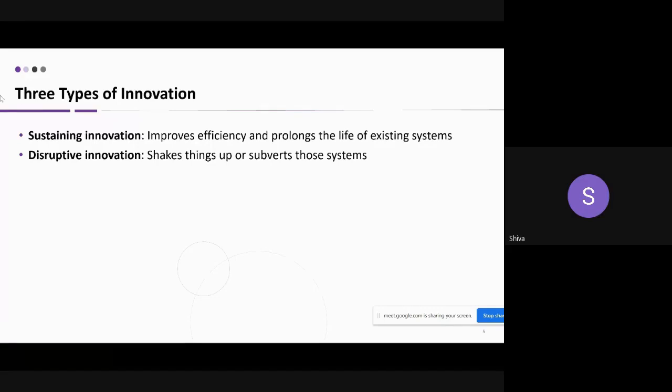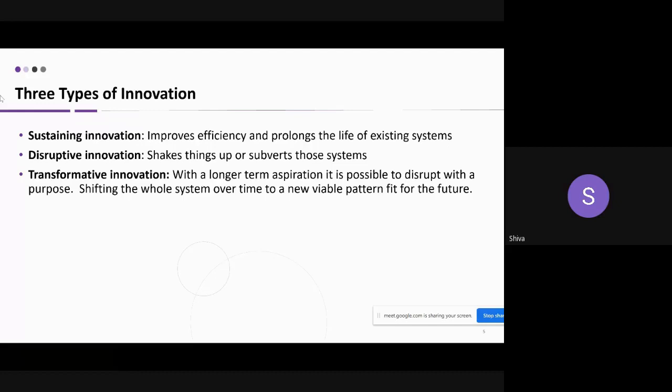What I'm really interested in today, and I discovered this word when I was reading biomimicry, is transformative innovation. With the longer term aspiration, it is possible to disrupt with the purpose of shifting the whole system over time to a new viable pattern. What we are doing with biomimicry is we are shifting the entire pattern.